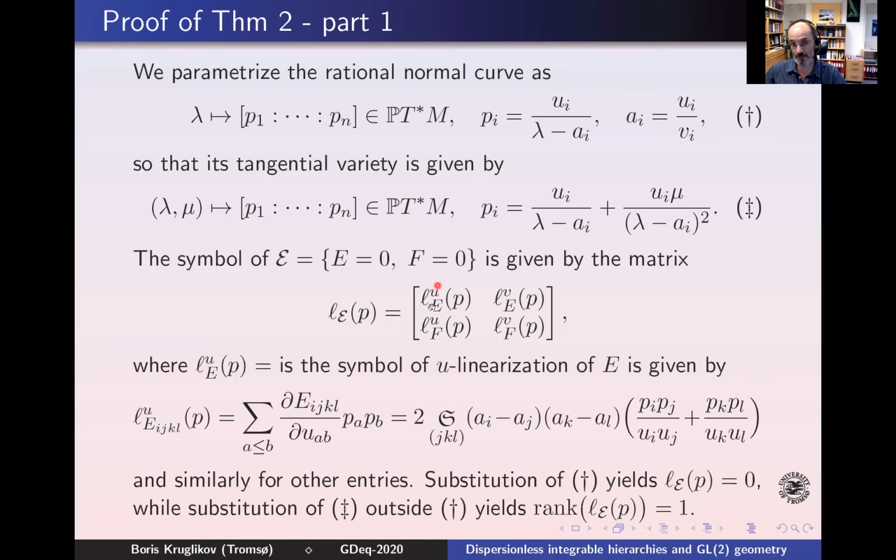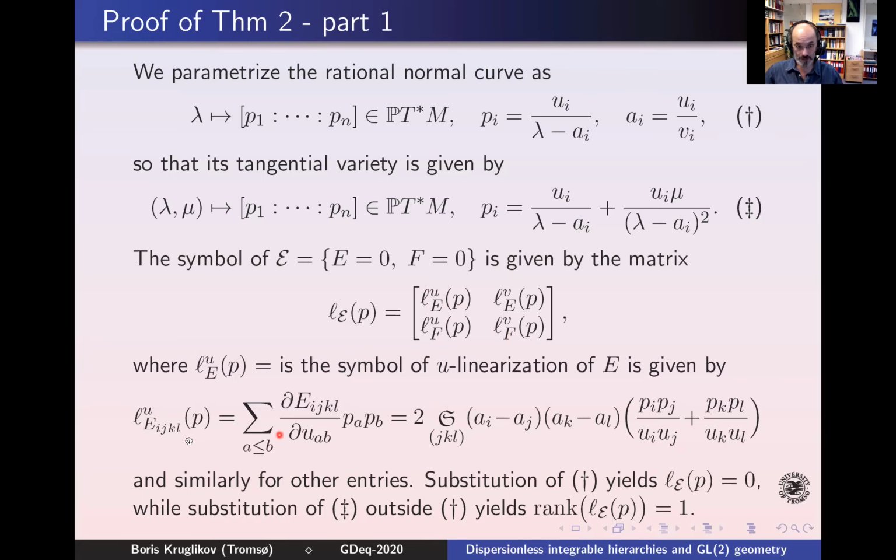So I can take the linearization of E in U and the linearization of E in V, and very similar for F, the linearization of F in U and in V, right? So I get a matrix. That's the matrix of the linearization operator. Well, that's actually simple, right? Since this is second order, this is quadratic in P. That's already okay. We know we expect quadrics.